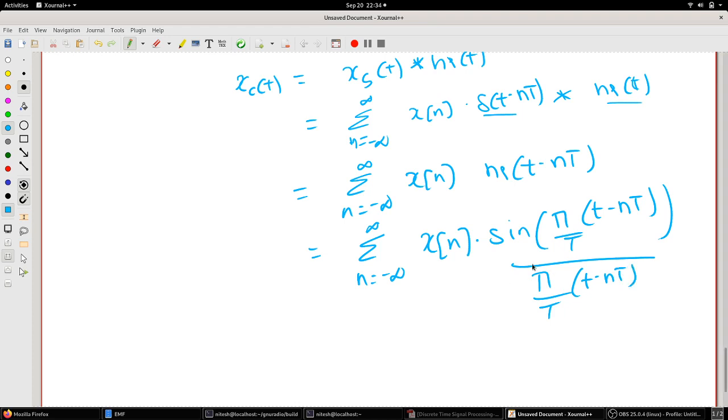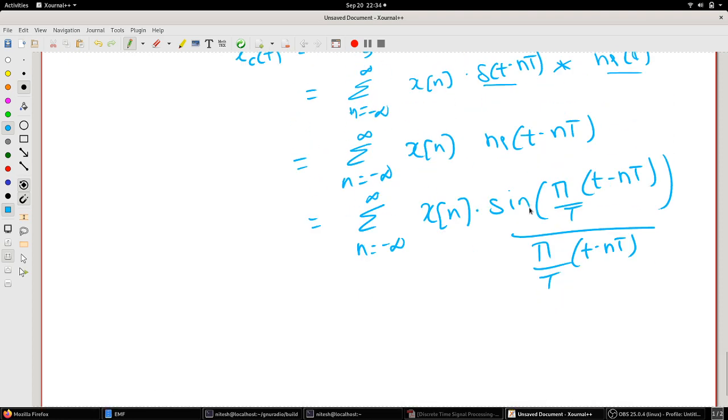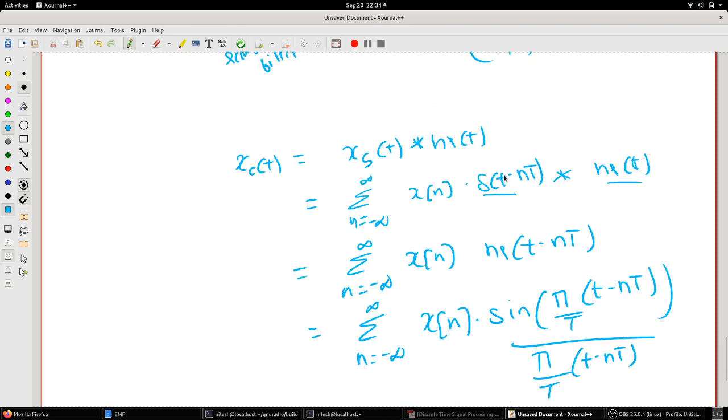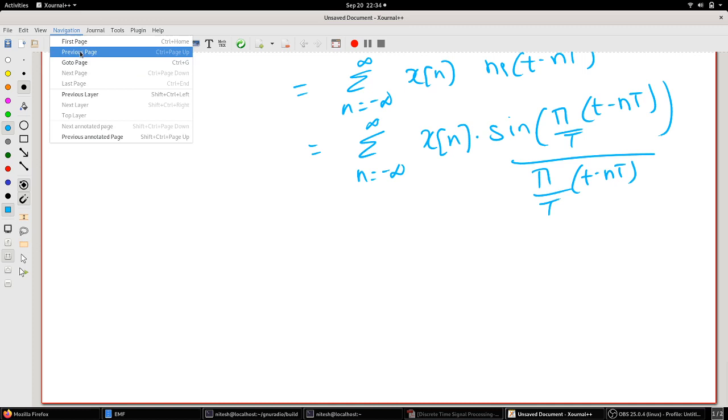This is what your answer will be, and when you multiply x[n] with these functions, you will get your x_r(t). Now what is this function? sin(πt) divided by πt is a sinc function, which is a very popular function in DSP. Okay, so let's see this.